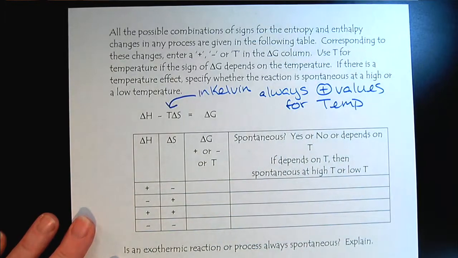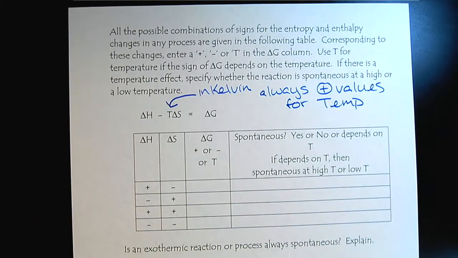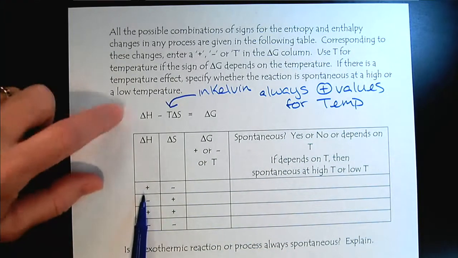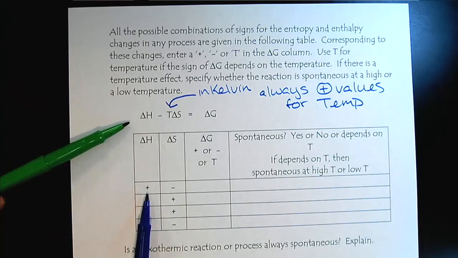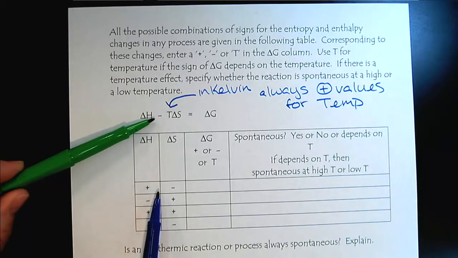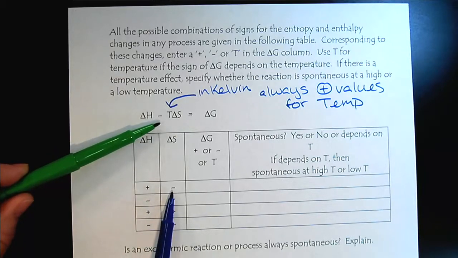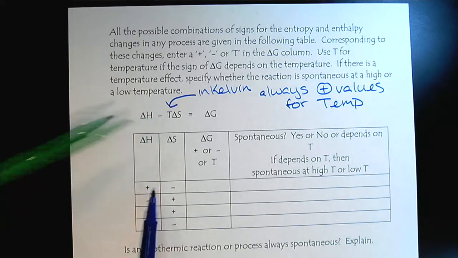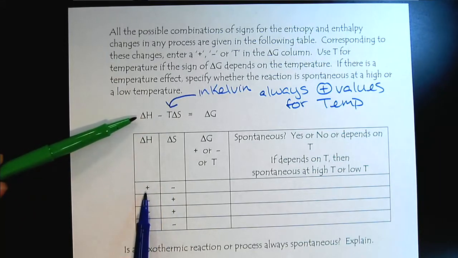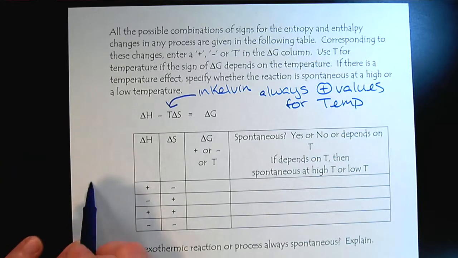Okay, so now let's think about it. If we have a positive value for the enthalpy, and then there's a negative in our sign, and we have a loss of entropy, a negative times a negative makes a positive. So our entropy term is going to be positive.